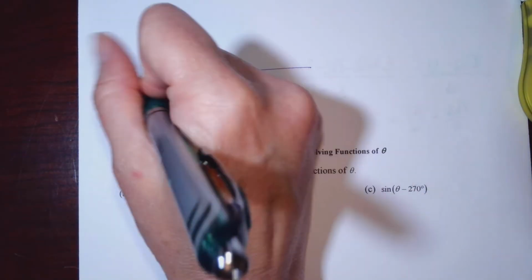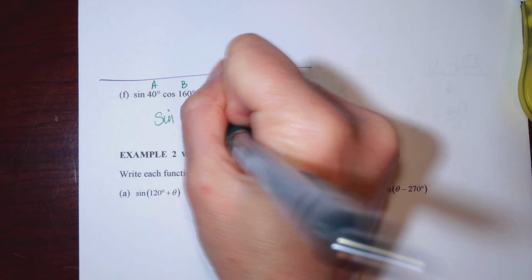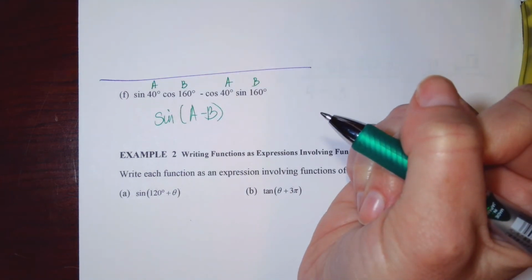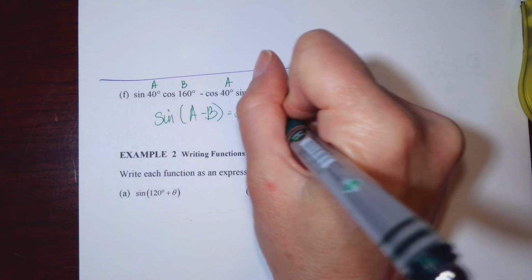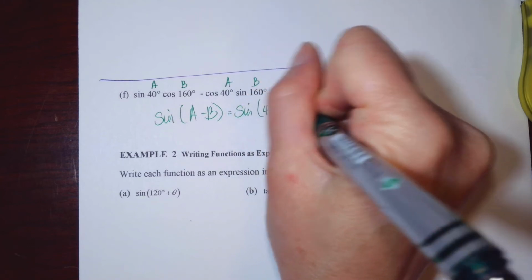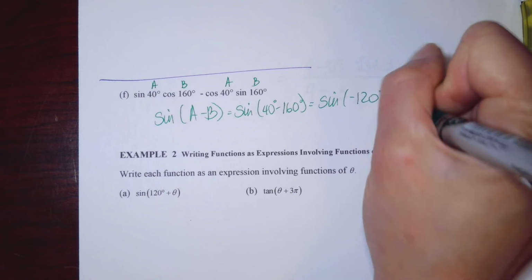So that is A and B. So that is sine of A minus B, which is the same thing here, 40 minus 160, both in degrees. That is a sine of a negative 120 degrees.